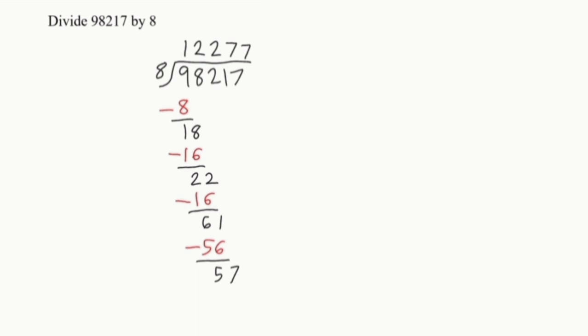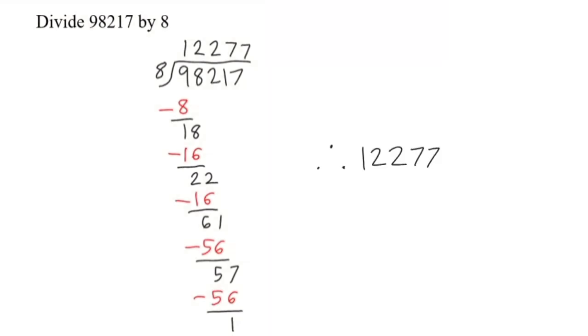Multiplying 7 by 8 gives us 56, so we subtract 56 from 57 to get 1. We have reached the end of number 98,217, and we cannot divide any further. So we take the remainder, which is 1. Therefore, the answer is 12,277 with the remainder of 1.